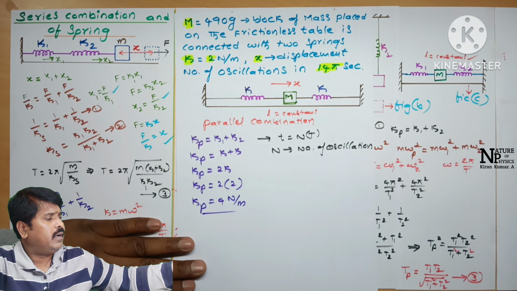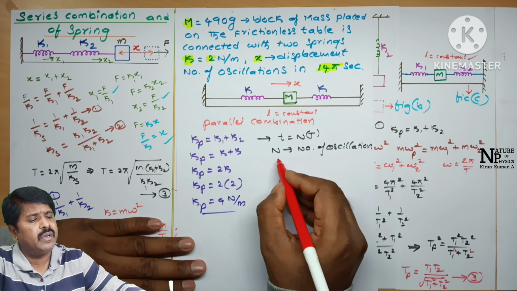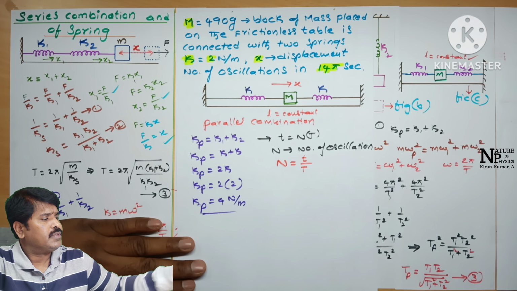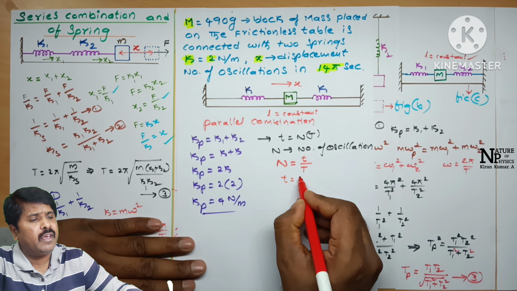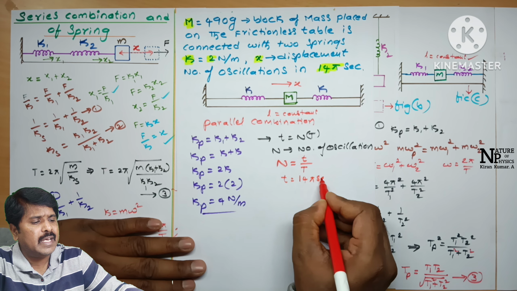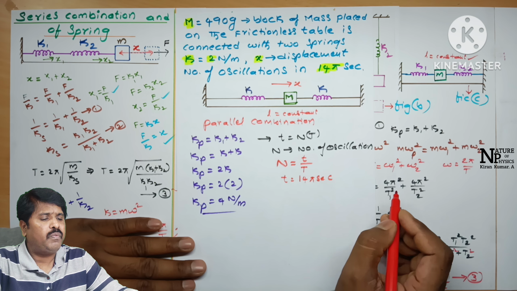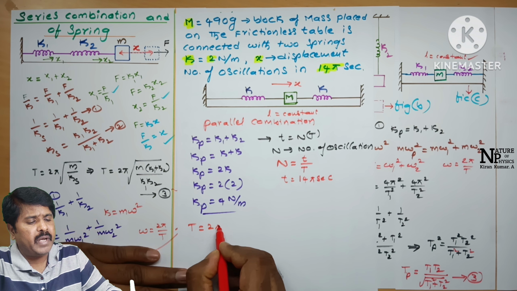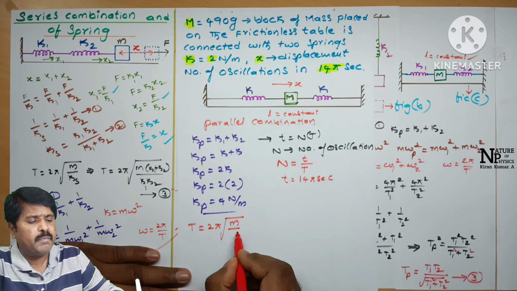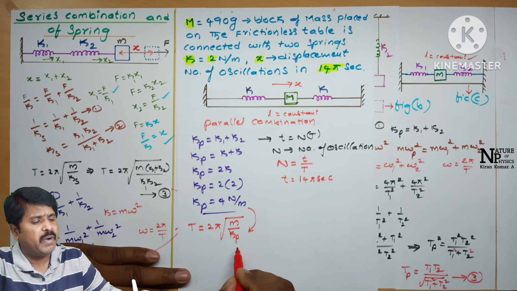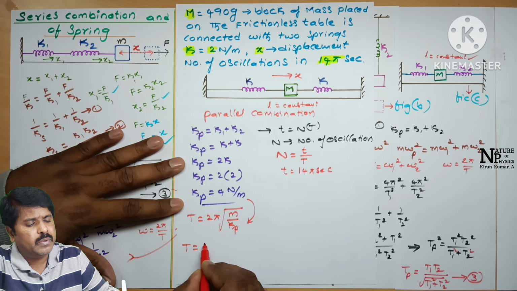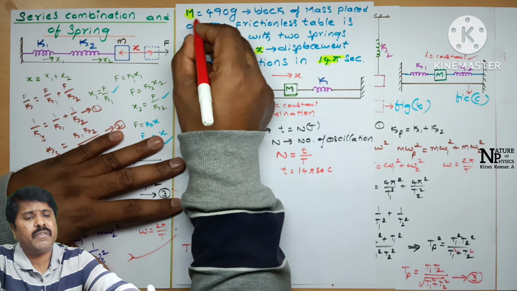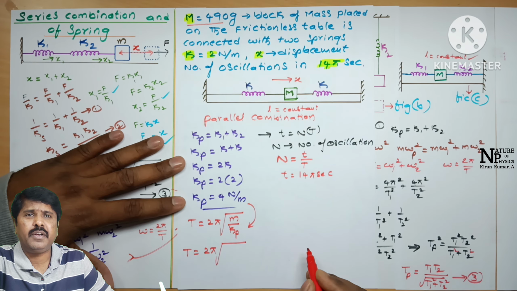See, student, from this equation I can write N is equal to small t divided by capital T. In this, small t is given as 14π seconds and capital T we have to find out. So for capital T, T is equal to 2π√(m/Kp). Replacing the Kp value now, T is equal to 2π√(m/Kp), where the mass is given in grams and has to be converted into kg.